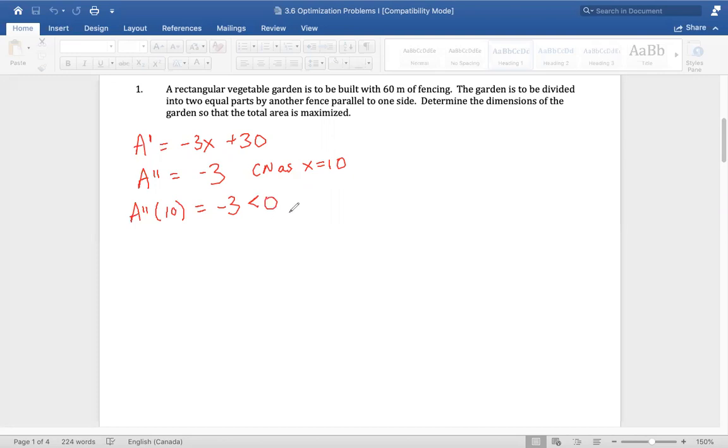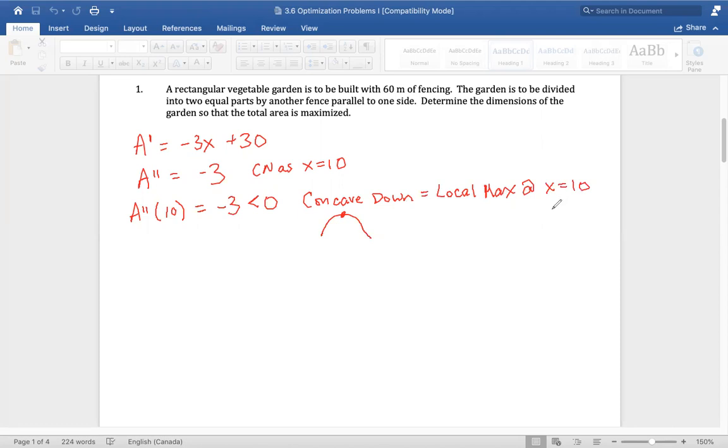Remember, if I was doing the chart and I had negative, it would be concave down. If I'm concave down, remember it looks like a frown. If it looks like a frown, then I would have a local max. So I was trying to maximize, so that works. At the value of x equals 10, I have a local max.